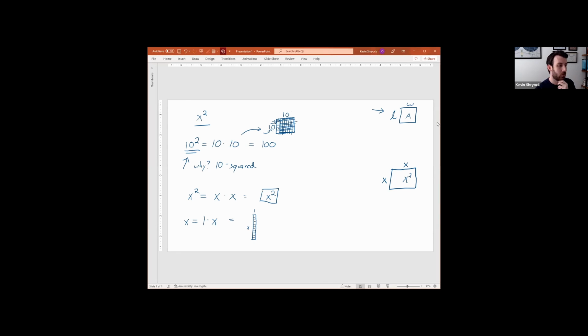X blocks. And then we also have units. What about 1? 1 is the same thing as 1 times 1, right? How big is that going to be? A 1 by 1 square, right? Okay, good. So we've recognized that even if we're looking at algebra problems, there is the ability to represent that with geometry, right?